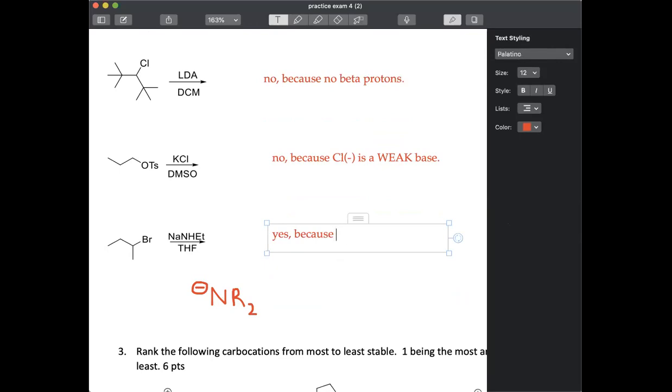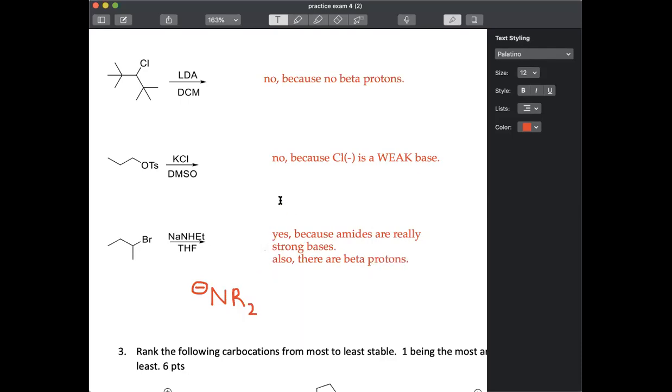Amides are really strong bases, and so they prefer E2, okay? And plus, in this case, compared to the first one, remember this is also an amide, right? In this case, also there are beta protons.